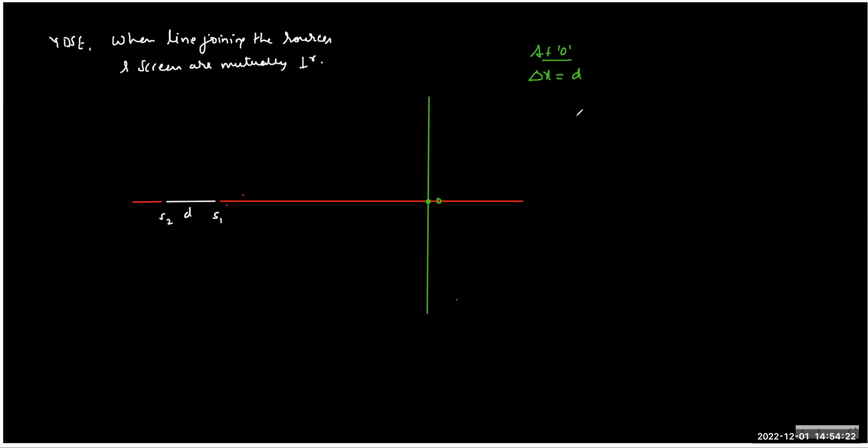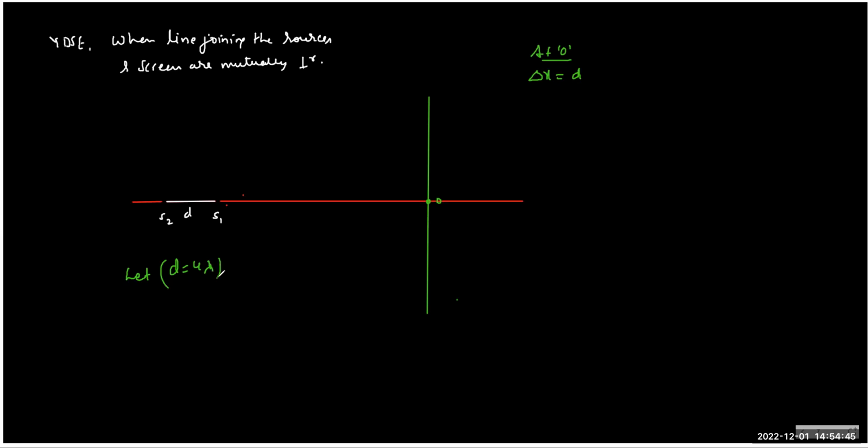Yes, sir. So what will happen at O? D will decide. So let's say if I take D equals 4 lambda, then O will become a maxima. Yes, sir. And we can say this is the fourth order maxima.